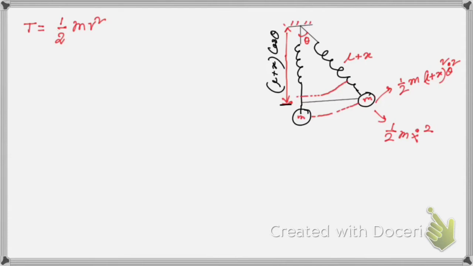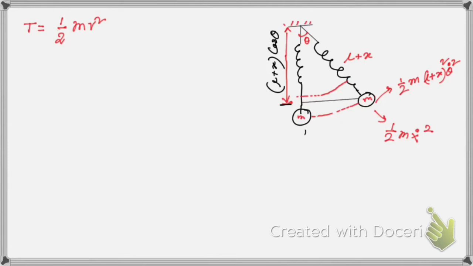The tangential component: the arc followed by this bob has length L plus X theta. We know kinetic energy is half m v square, and velocity is the time derivative of displacement.